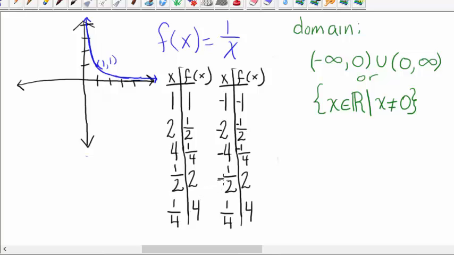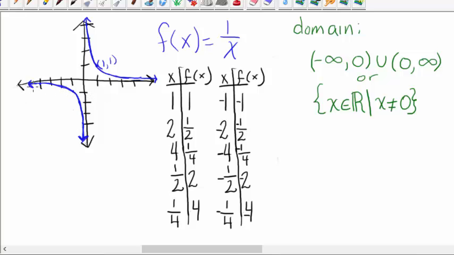If we plug in -1/2, we get -2. If we plug in -1/4, we get -4. So you see we've got a mirror image pattern over here to the left, where we've got (-1, -1), (-2, -1/2), (-4, -1/4), and then (-1/2, -2), (-1/4, -4).